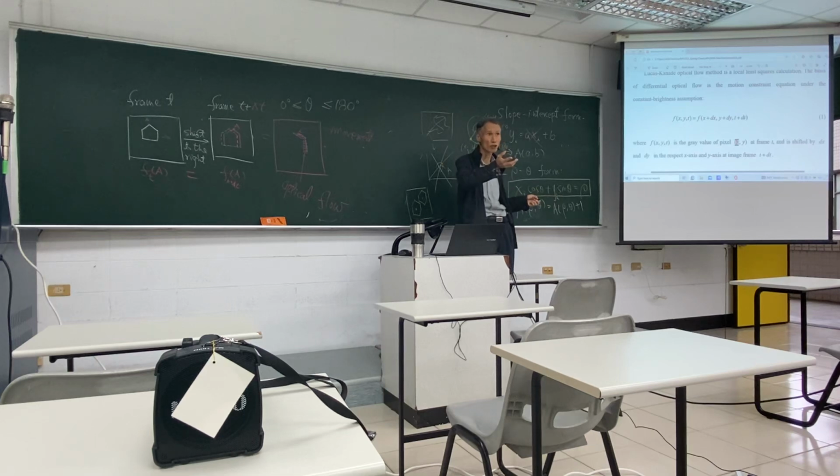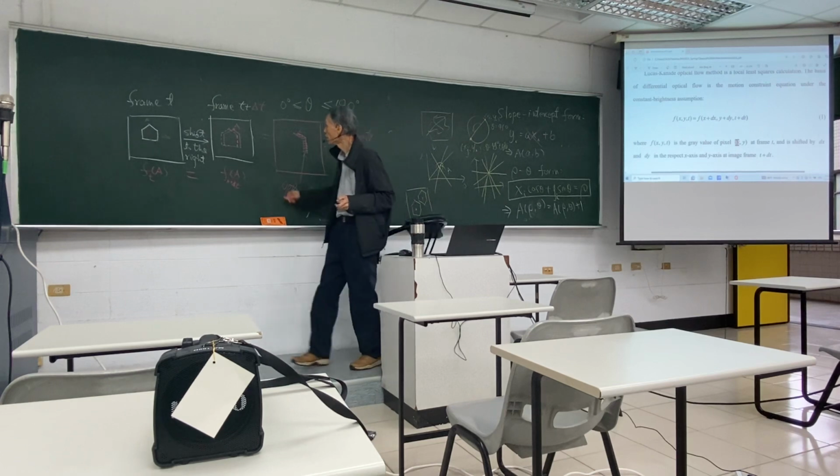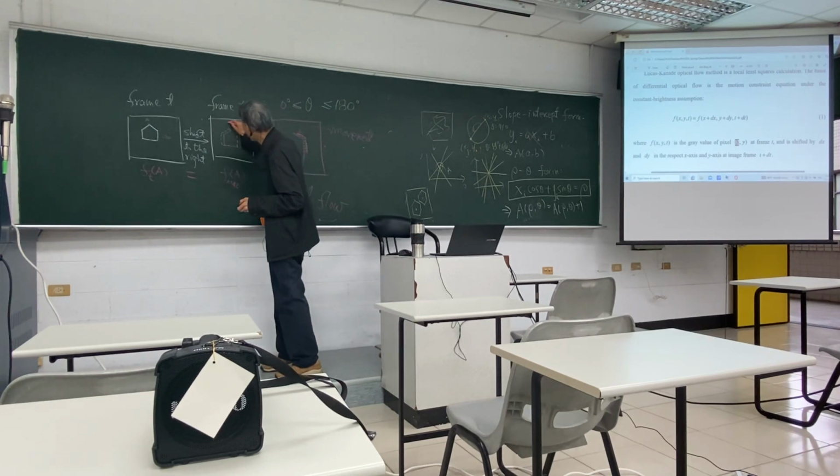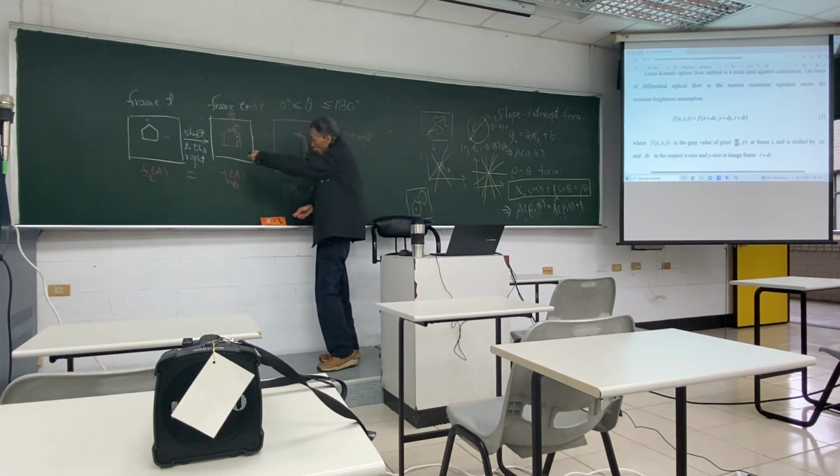So everyone can follow me. Under this assumption, the gray value will remain the same at frame t and frame t plus dt, for a very small time period dt. Then we shift by dx and dy. For our case here, we shifted by dx and there's no dy, because we shifted horizontally to the right.